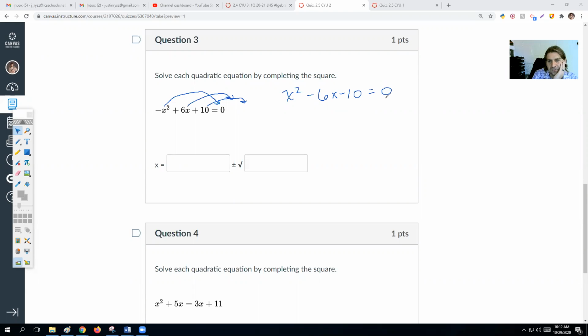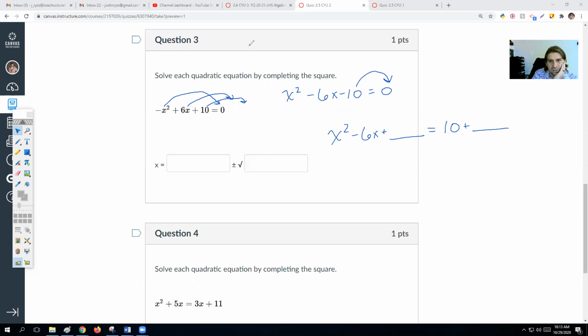All right, so a good quadratic strategy, make it equal to 1, but let's make it a regular x squared. If I take 6, cut in half is 3, 3 squared is 9, so that doesn't work out. So now we've got to do another step. I'm going to have to move it over. So we get x squared minus 6x plus blank equals 10 plus a blank.